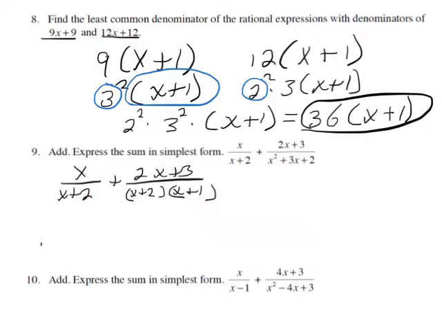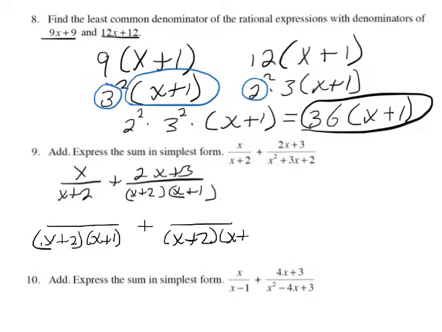I have an x plus 2, 1 here and 1 here, so I'm going to take 1. I have an x plus 1, 1 here, but I do not have 1 there. So that means my common denominator is going to be x plus 2 and x plus 1.